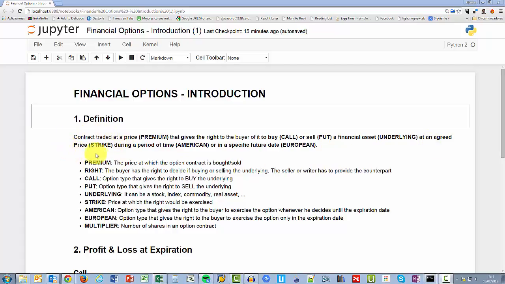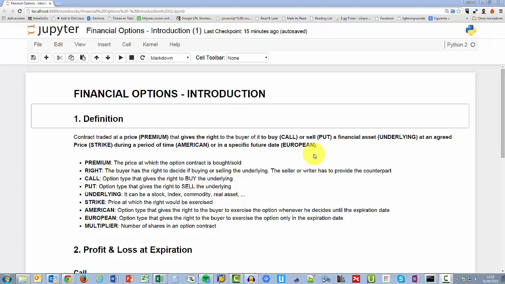So the strike is the price at which, in case the buyer wants, he can buy or sell, depending on whether he has a call or a put, during a period of time or in a specific future date. So the contract is going to be limited by time.